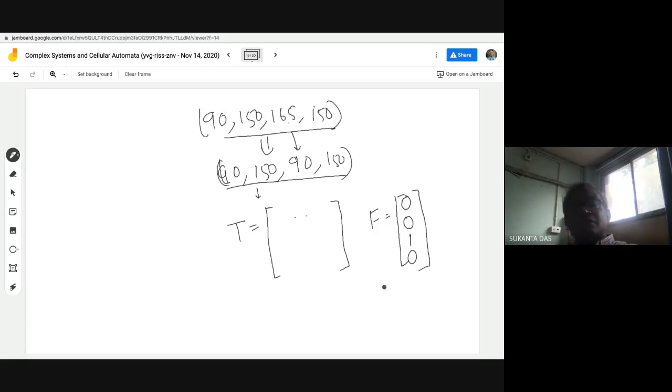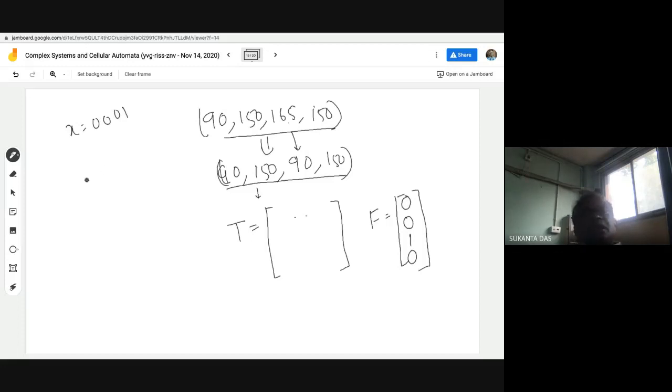Now, how can I get the dynamical behavior? Today I am showing you that using this T matrix and this F vector, I can evolve. I can get the next configurations of the CA. I mean, evolution is possible. I can trace the evolution. How? Say my configuration is X, and this is 0, 0, 0, 1, the previous case I have taken.